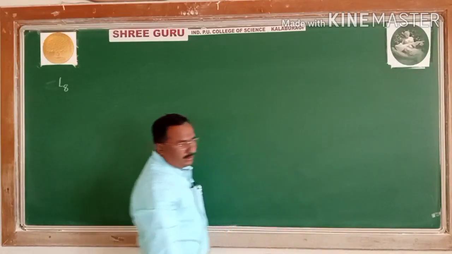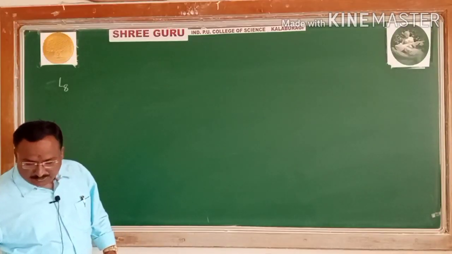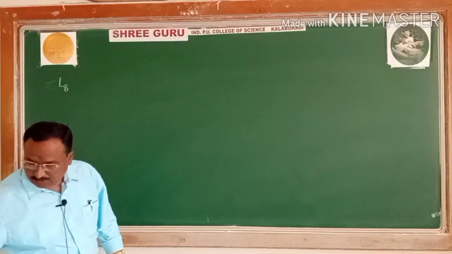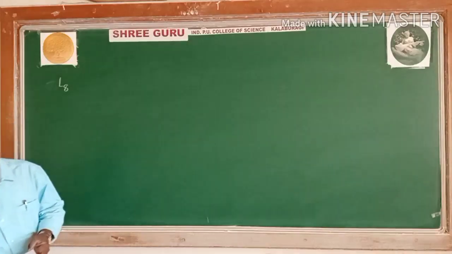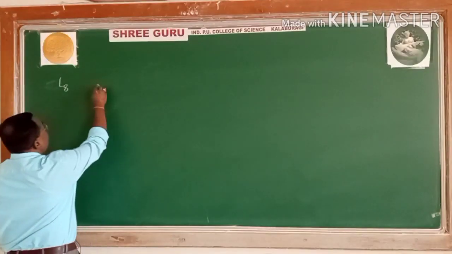Next, example number 6. 5 is over. Example number 6.